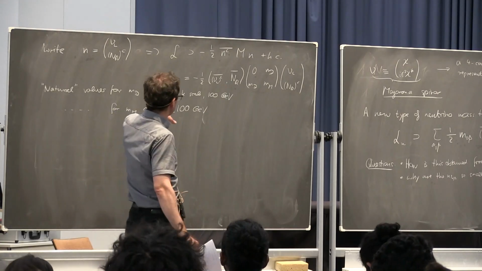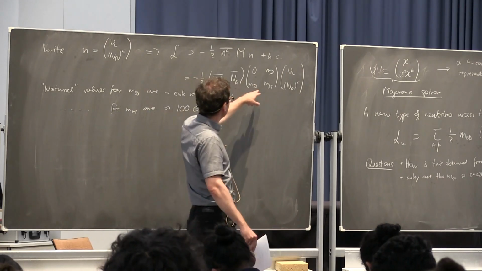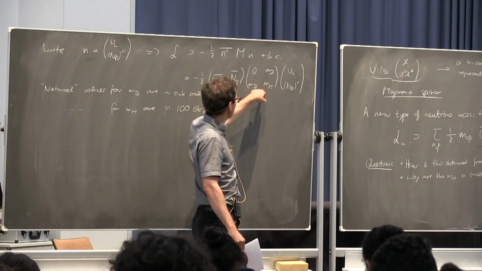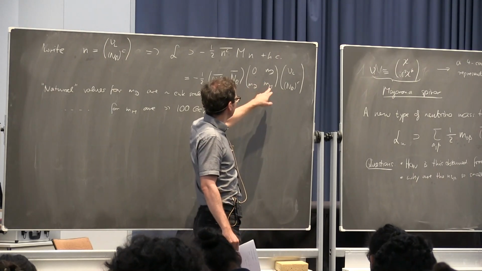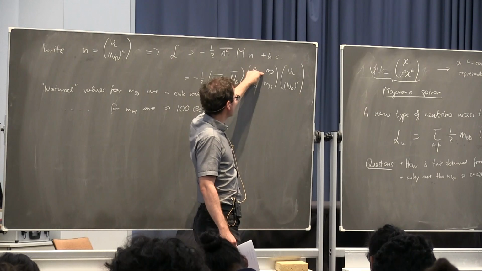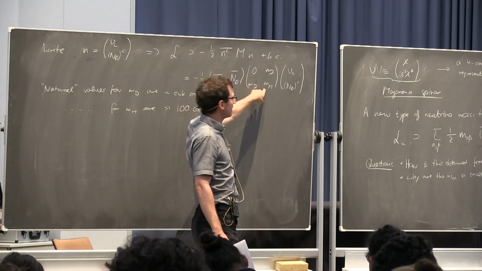Okay. Now what this means is we have a hierarchy here in the entries of our matrix, with the off-diagonal elements being much smaller than the element here on the diagonal.